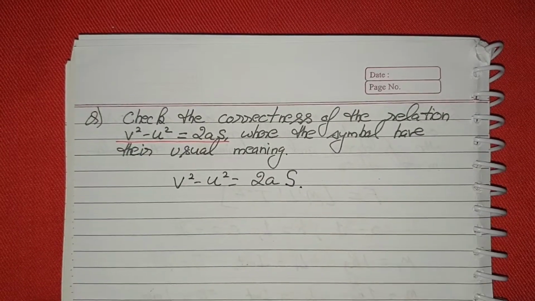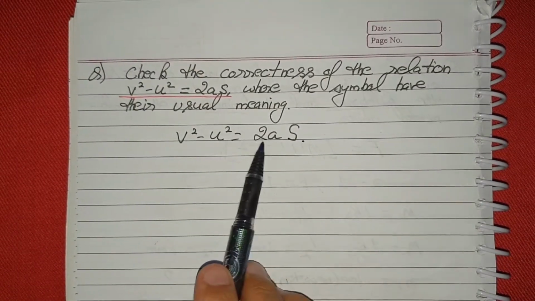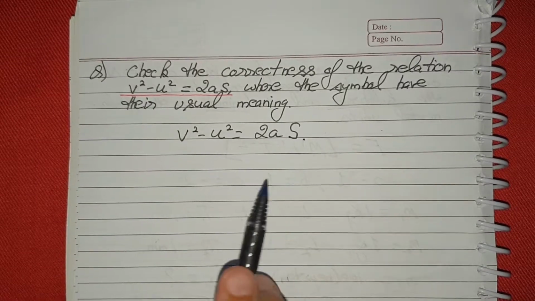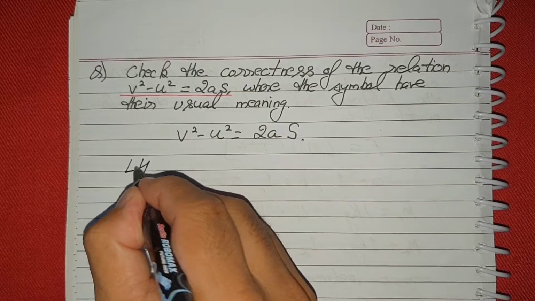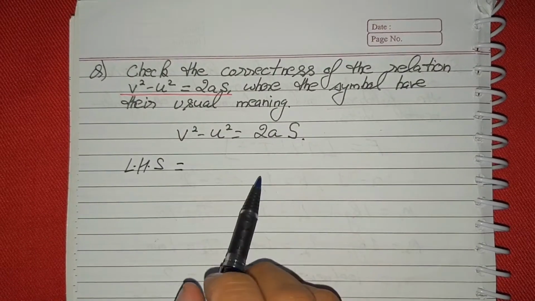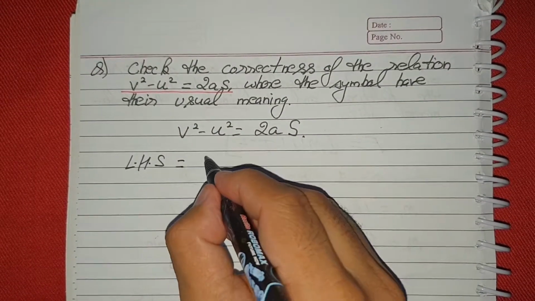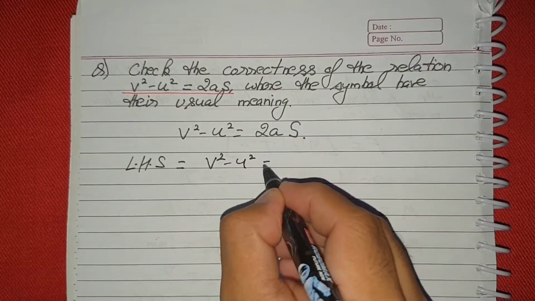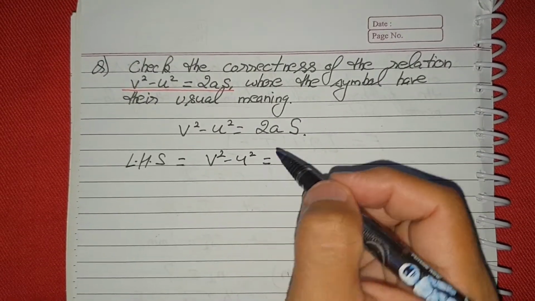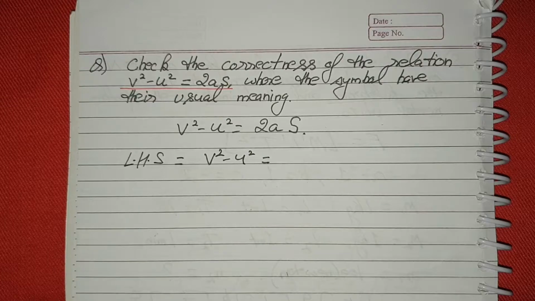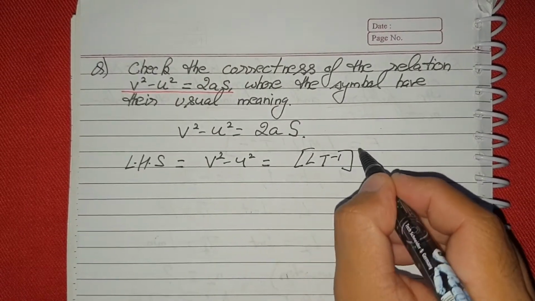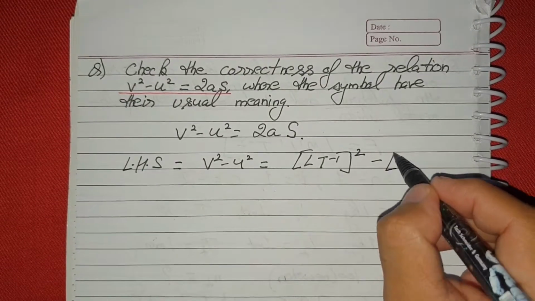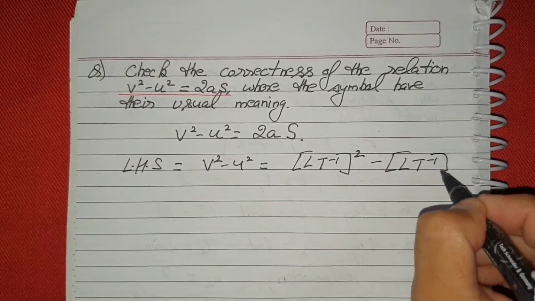Now again, we have to write the dimensions on the left hand side and the right hand side. Let's start with LHS. v and u, though one is final velocity and the other is initial velocity, still the velocity's dimension is L T minus 1, squared, minus L T minus 1, squared.